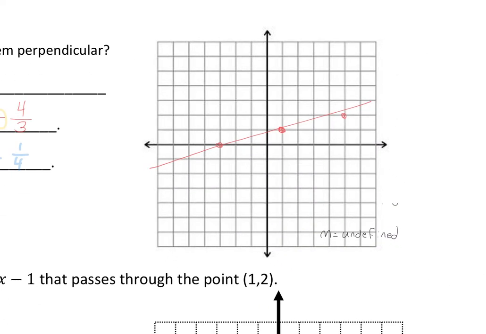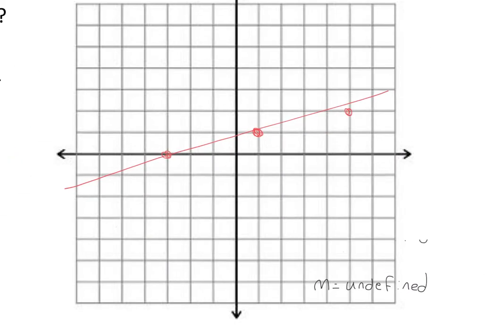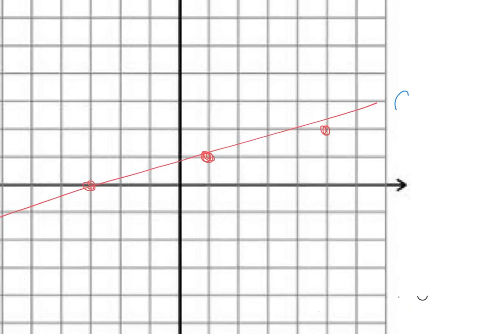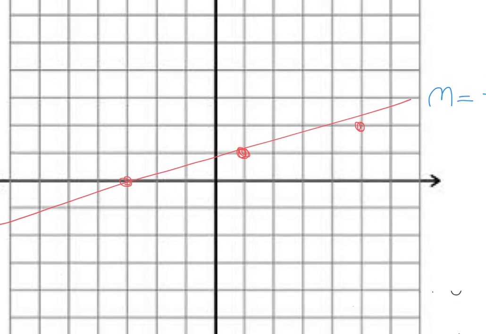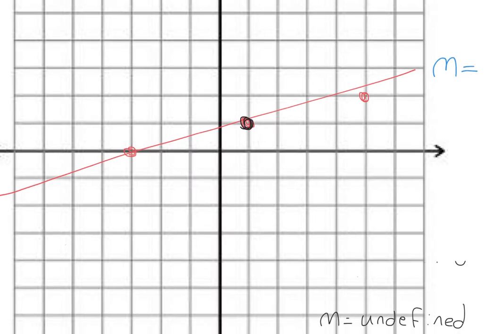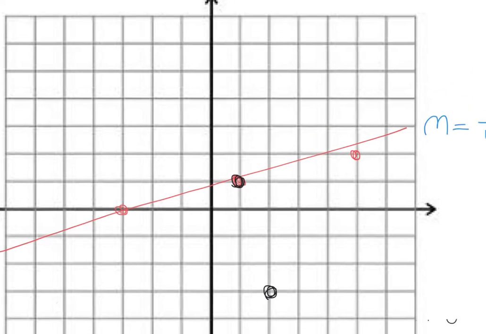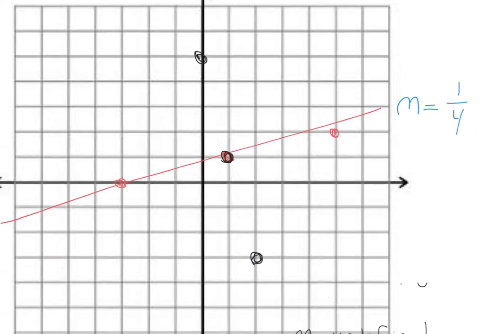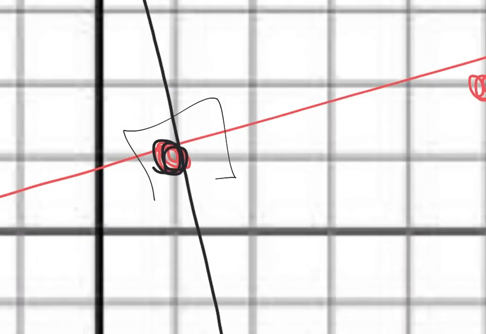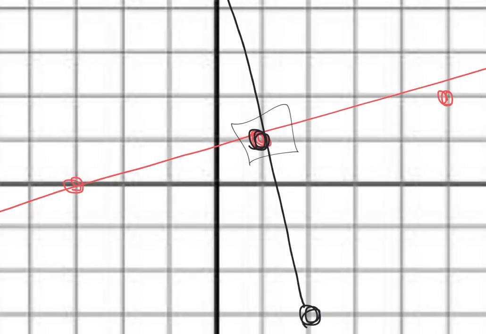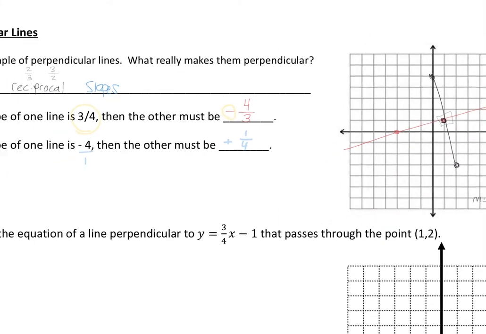So we've got that slope there. Now if I draw the other one, because this one had a slope of 1/4, if I give the other one a slope of -4, I'll even start here at the same point, which is down 4 to the right 1, or up 4 to the left 1, you'll see that, oh wow, it does create the 90-degree angles there. So there's just a little proof for you.